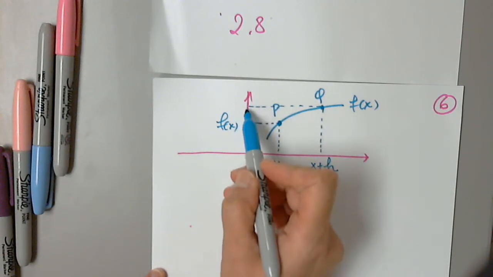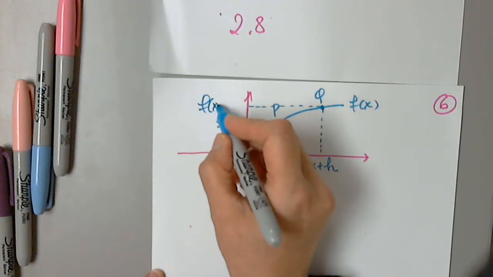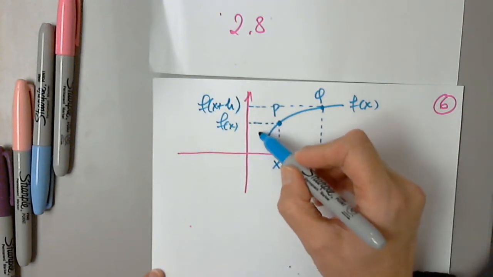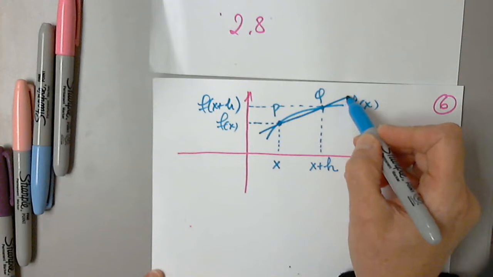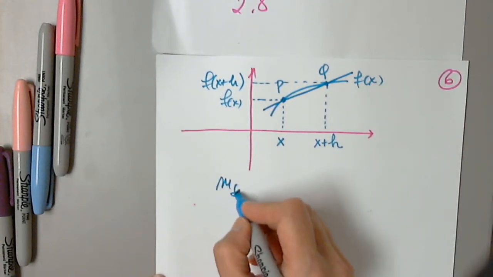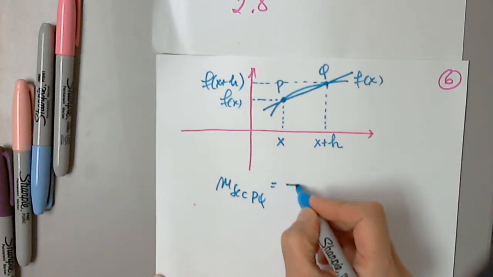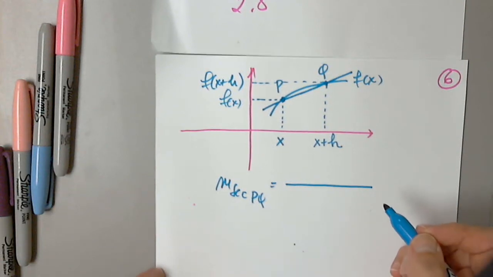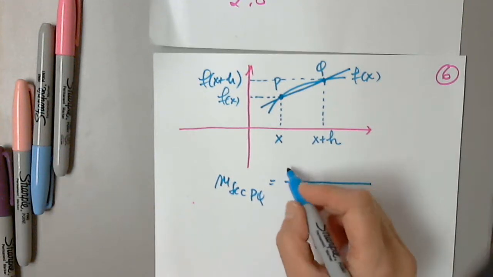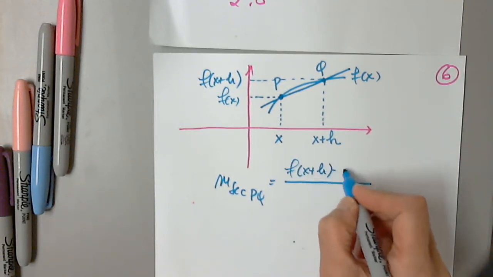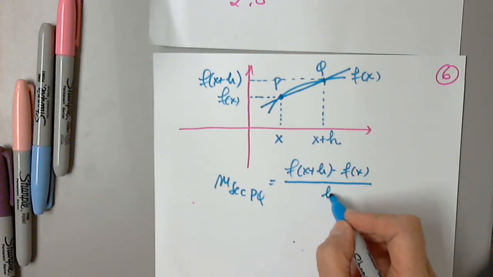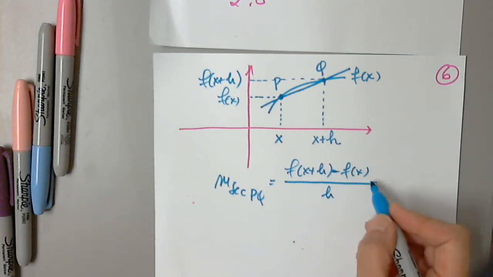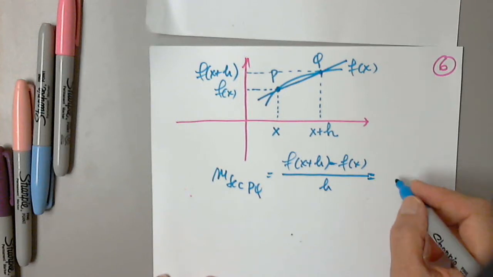What will this be? f of x plus h. Of course, thank you very much. And of course, you remember we determined the slope of this line, the slope of the secant line PQ. Can anyone give us the slope? f of x plus h minus f of x over h. Good. And we know that this is, and we calculated for several functions, the difference quotient.